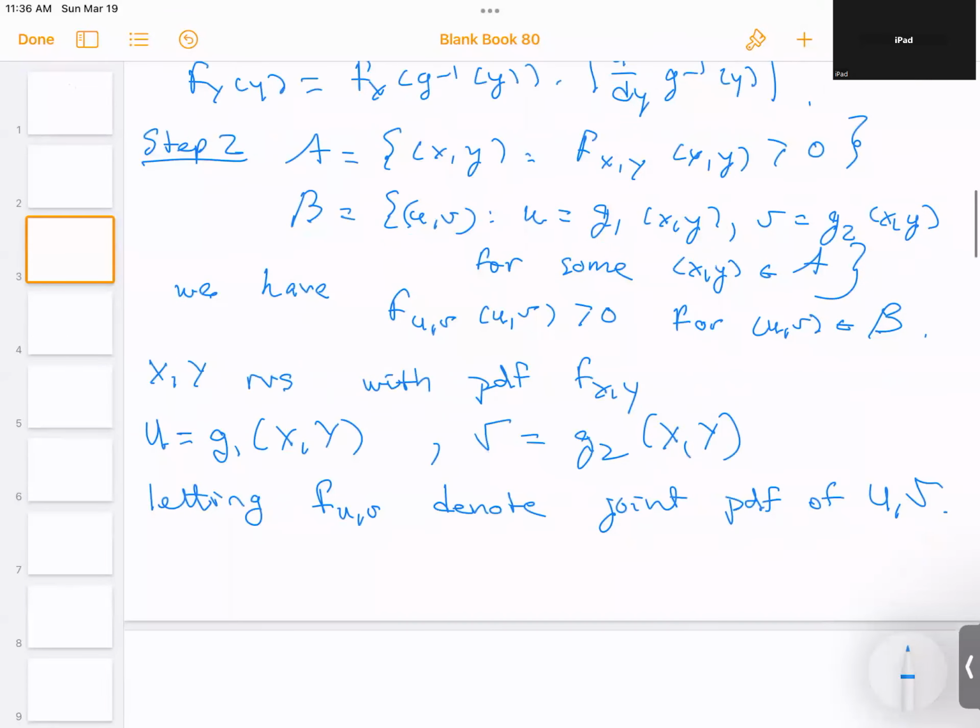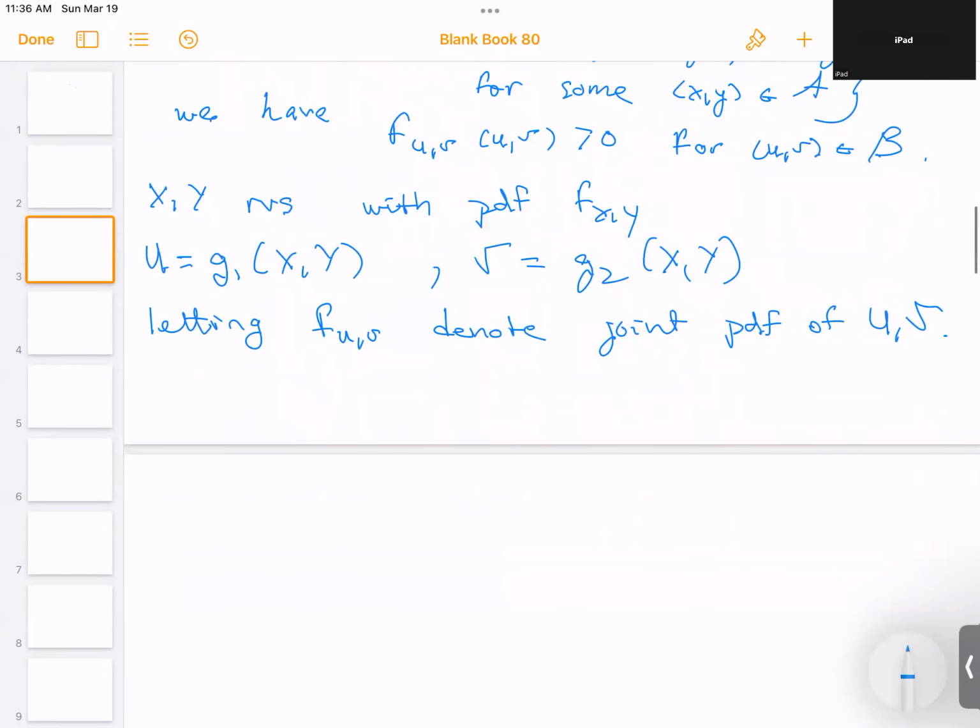It doesn't mean you're dead in the water if you don't have things that are monotonic or one-to-one on the whole set, but this is the starting point. We'll talk more about that in a second. Those are more complicated cases, but essentially things can still be okay and usually can be dealt with.